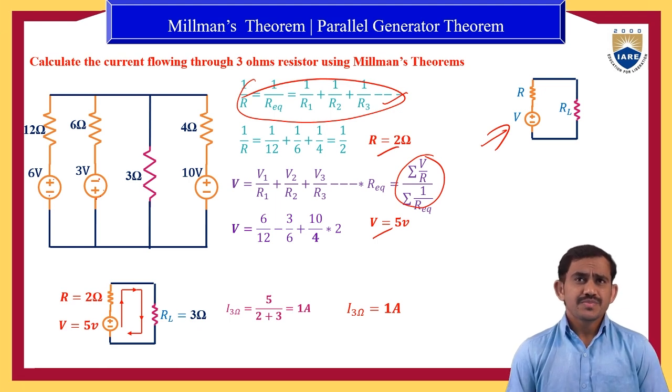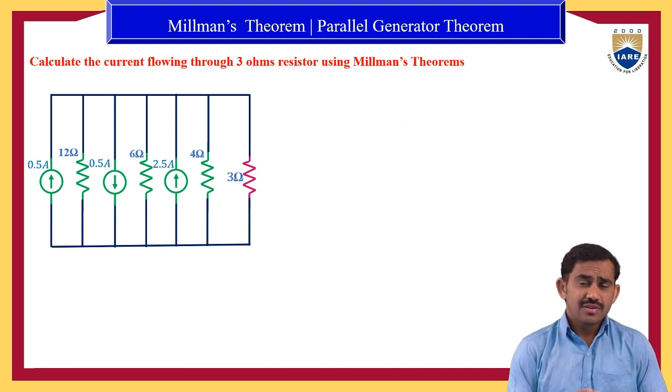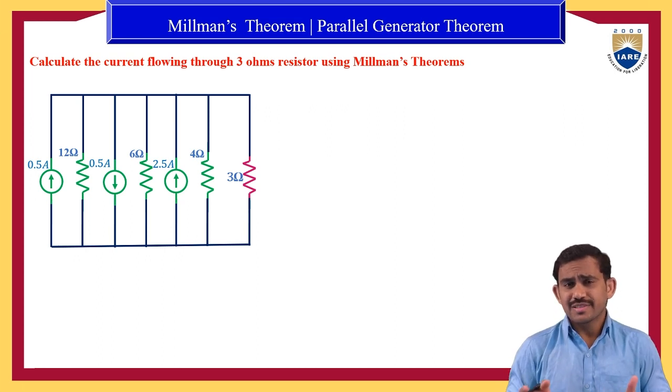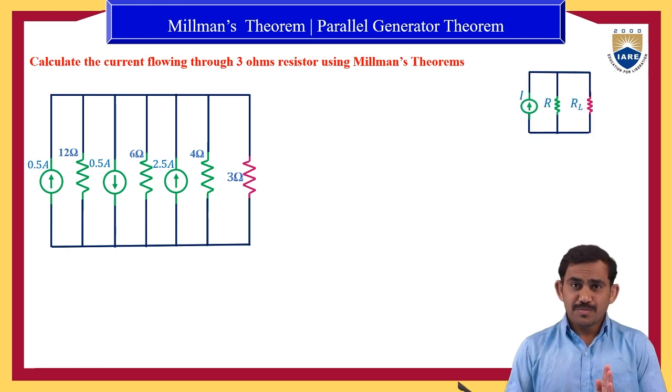Next problem. Again using Millman's theorem, I need to find out the current at the 3 ohm resistor. But here I have current sources connected in parallel. It is simple again. I need to convert this circuit to a single circuit, that is, a current source in parallel with the equivalent internal resistance.